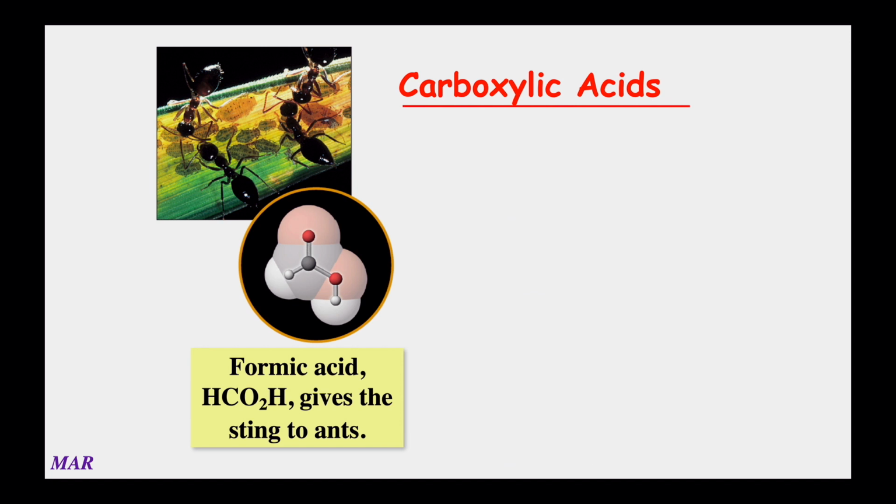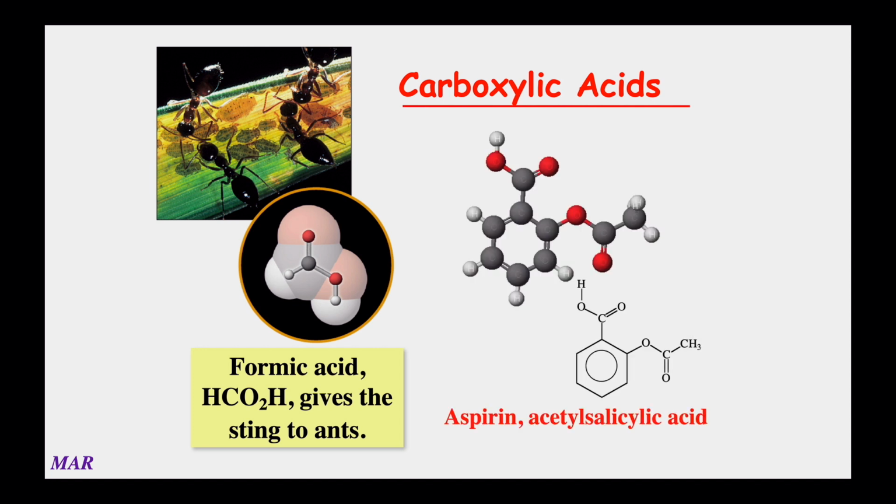Formic acid is, again, the simplest of ones. If you've ever been stung by an ant, that's what they use to make the sting part. So it's pretty powerful stuff. Aspirin is another type of a weak acid. The part right up there has a little bit of an OH on it. Acetylsalicylic acid is the technical name for it, which you'll learn more about in organic chemistry.